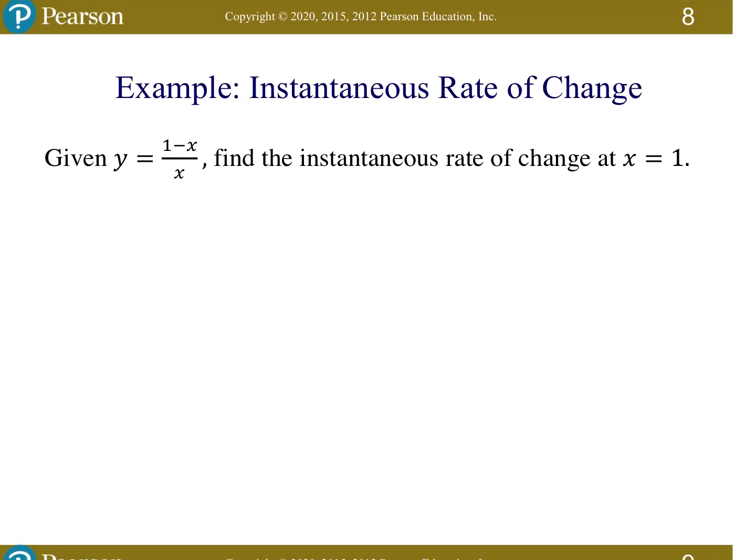All right, this one gets a little trickier because it's a little bit more of a complicated equation. Find the instantaneous rate of change at 1. So b has to approach 1. And I'm going to do f of b minus f of 1 over b minus 1.